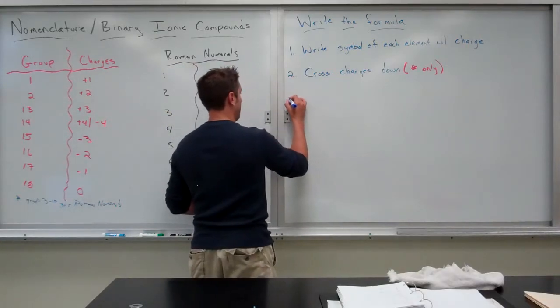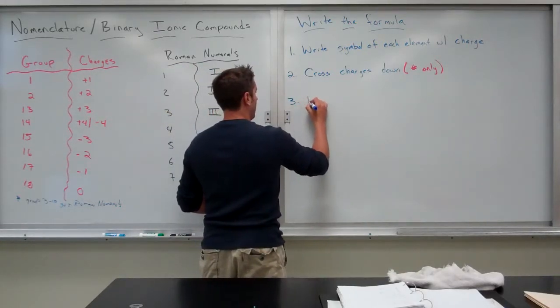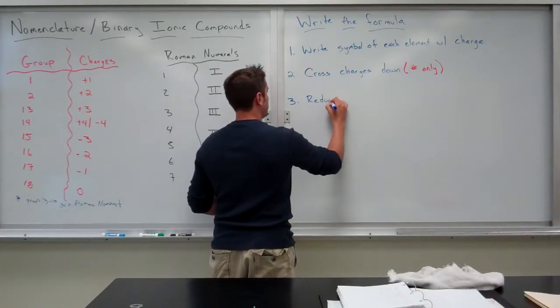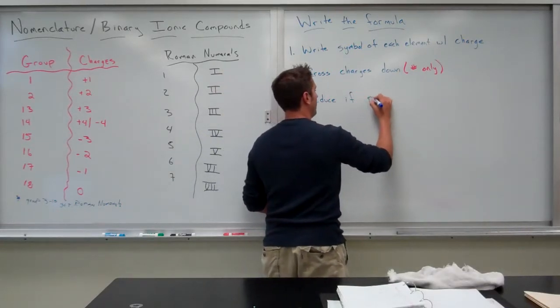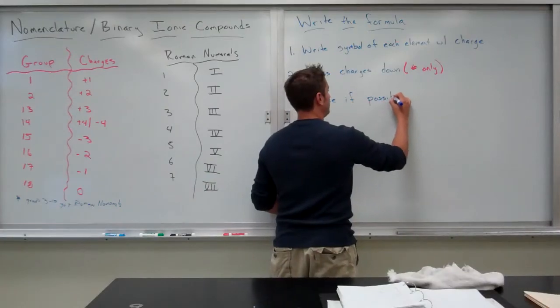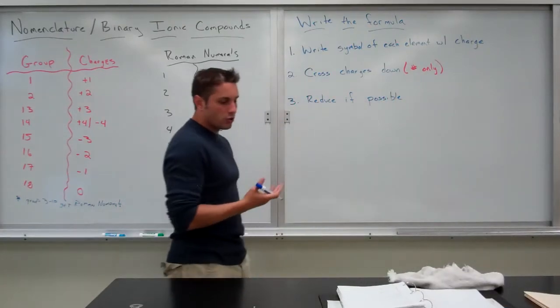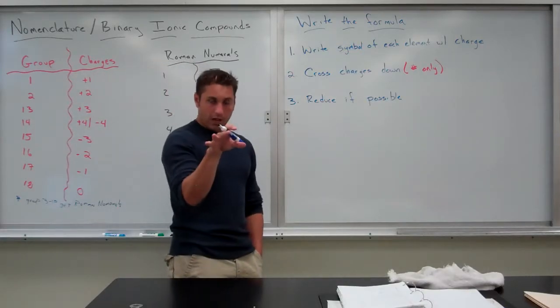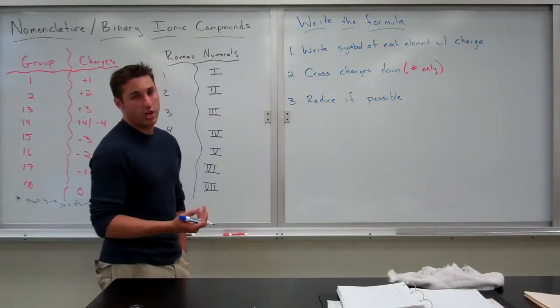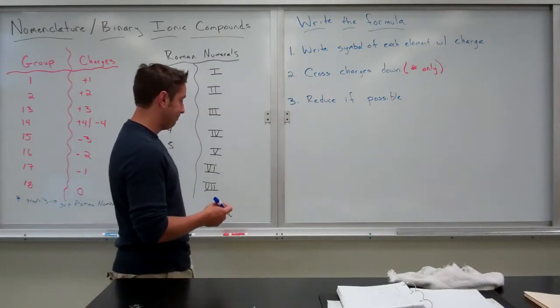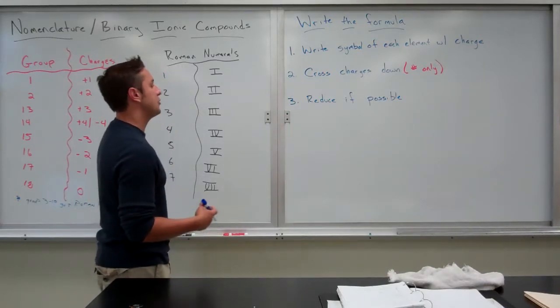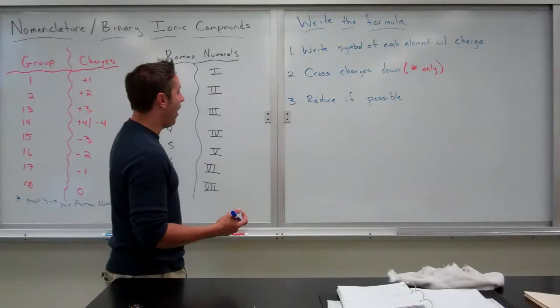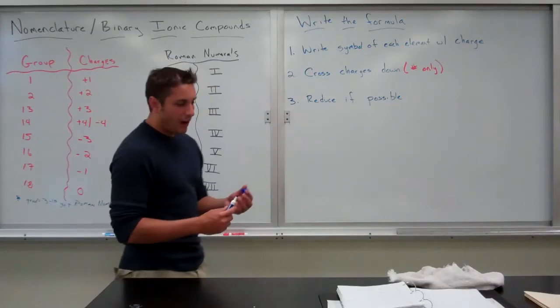Step 3. Reduce if possible. Right? So after you cross your charges down, you reduce those subscripts to the simplest ratio that they could possibly be. And if you follow those 3 steps, you should wind up with formulas that are accurate for what's going on.